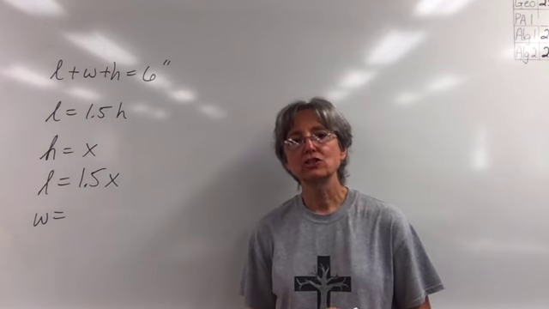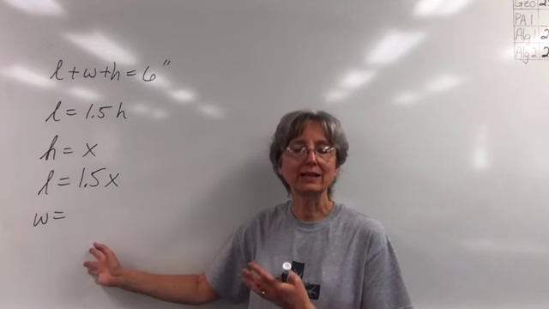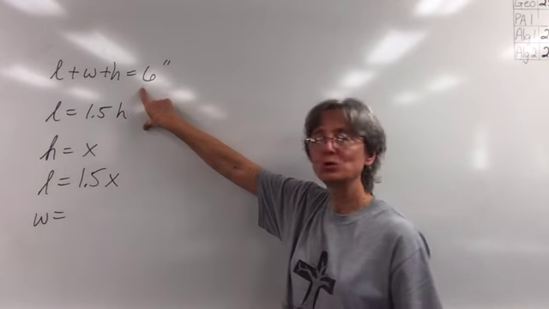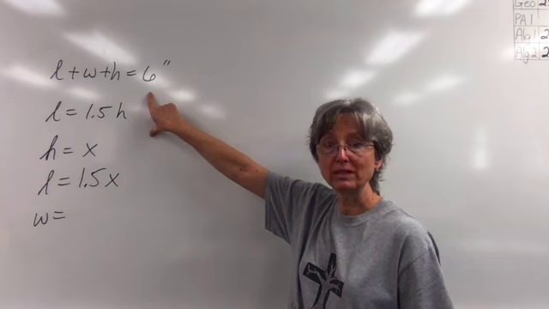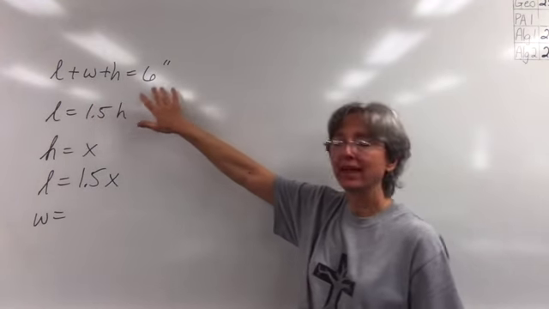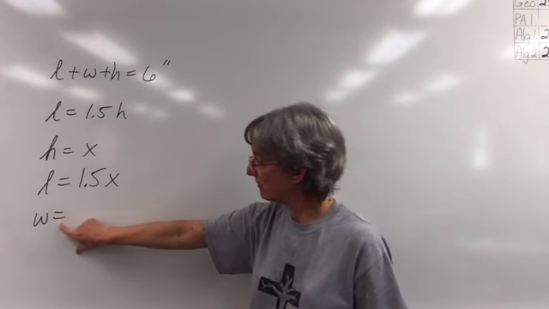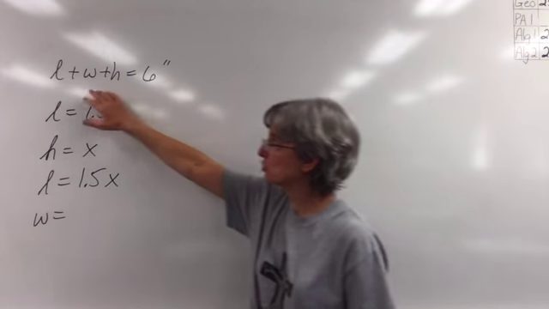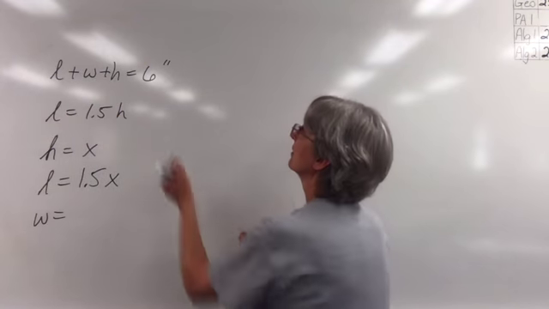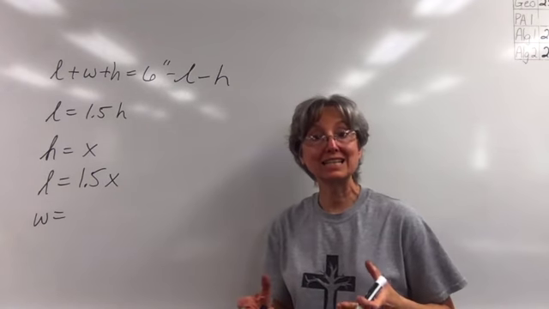Now the challenge is, what do we make the width? And how in the world are we going to keep that in x? We are going to use this as our means of doing that. Because if I add L plus W plus H, they all have to add up to be 6. So if I want to find the width, I have to subtract the length, and I have to subtract the height from 6, right?